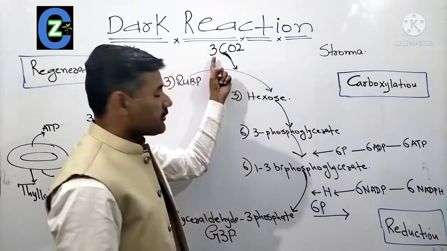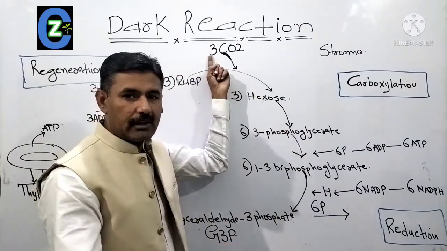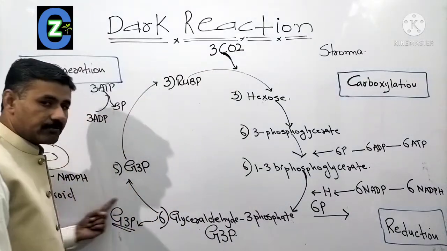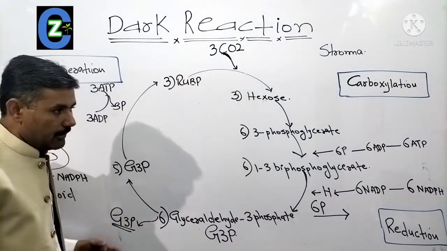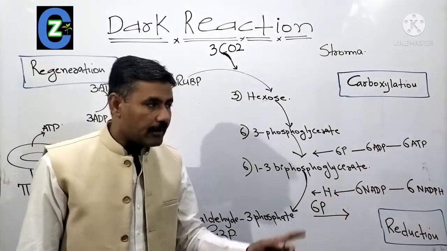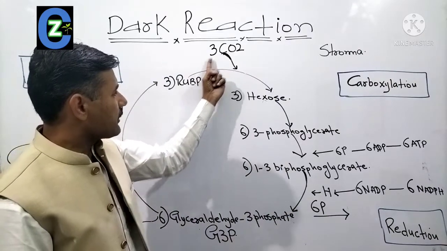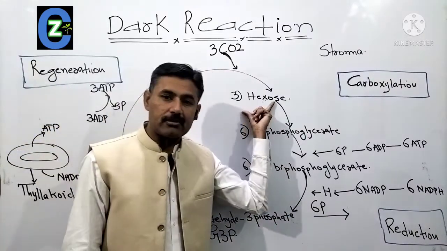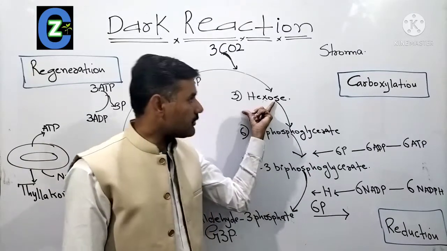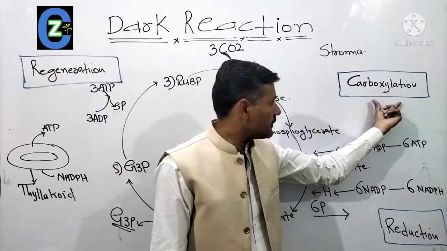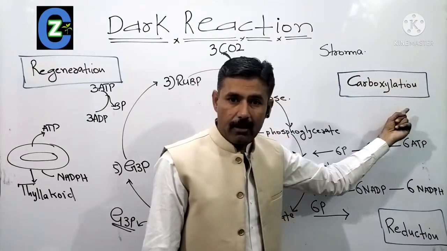Therefore, we take 3 carbon dioxide so that we can at least release the simplest form of triose in the stroma, which can later combine with another triose to synthesize glucose. Therefore, 3 molecules of carbon dioxide react with 3 molecules of RuBP, and they synthesize 3 molecules of hexose. This is the first phase where carbon dioxide is fixed, and it is said to be carboxylation.